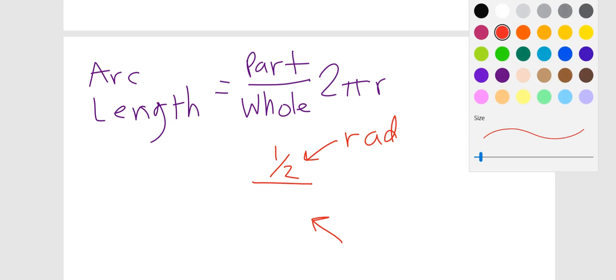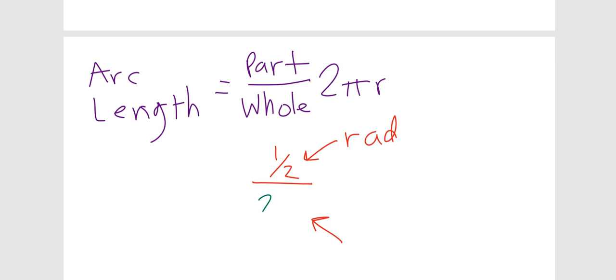So why should I choose 2 pi instead of 360? Because the original measurement they gave me was in radians. I have to stay with that. Of course, we have the circumference formula, but I think they gave me a radius, didn't they?